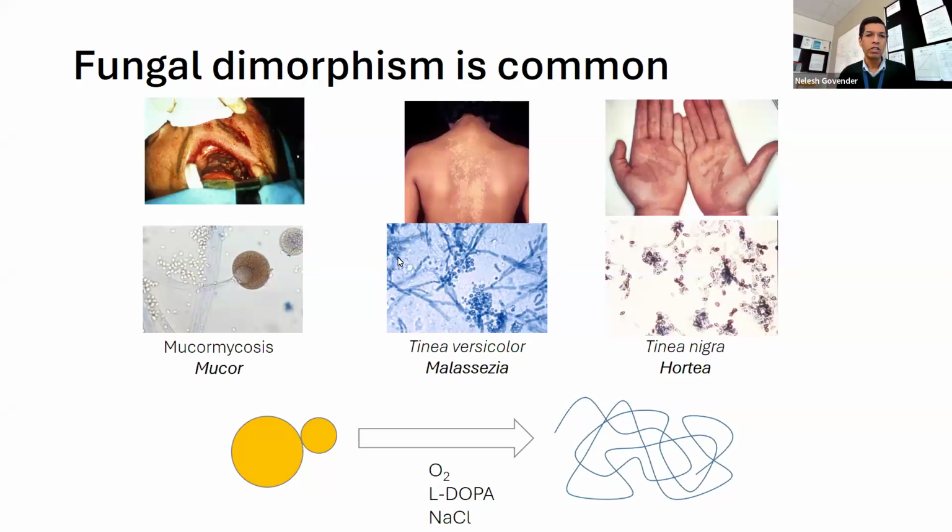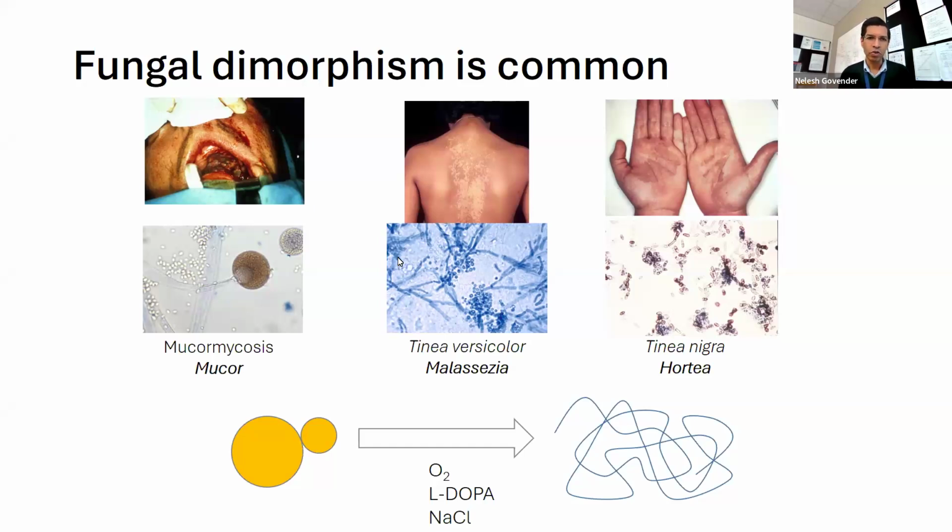Interestingly, most of you will recognize this pathogen as a mold, but in the presence of decreased amounts of oxygen, the pathogen can exist as a yeast, and with increased oxygen concentrations can transform to a mold phase.